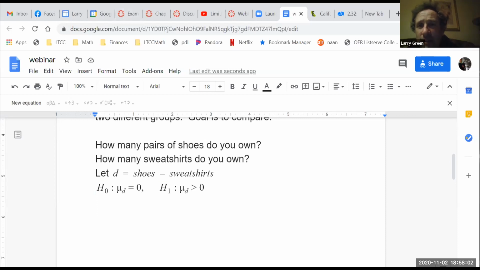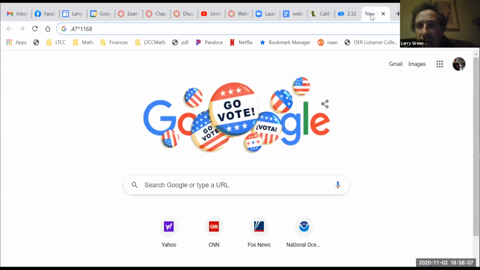Okay, what I want to show you next is a spreadsheet, and there is a reason why I want to show you the spreadsheet. I actually mentioned it. I think I have to move my Zoom thing just a second.